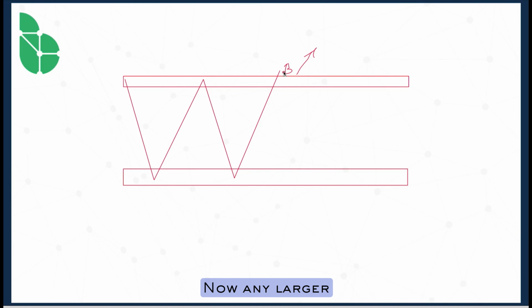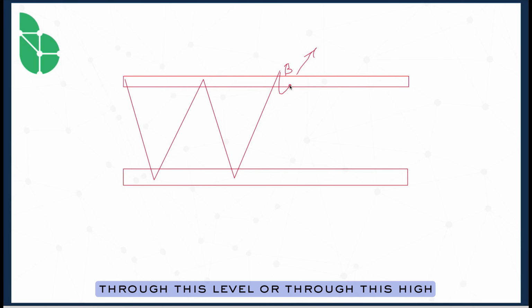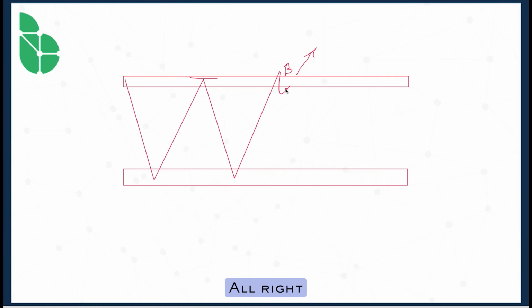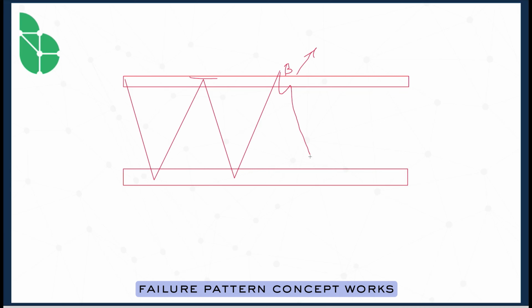Now, any larger participant right here can gather all of this liquidity, and if we move price back through this level, and close again through this high, any aggressive buyers up here are now trapped in position. They're trapped in position, and once they're pressured, we have a long squeeze. So this is how the swing failure pattern concept works.